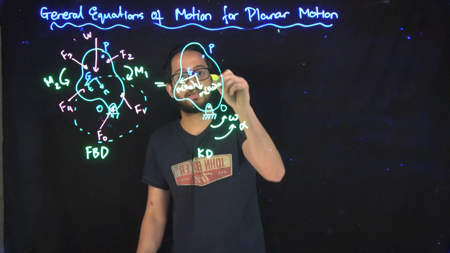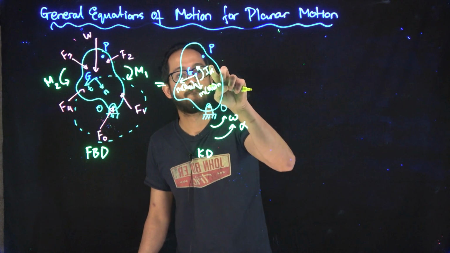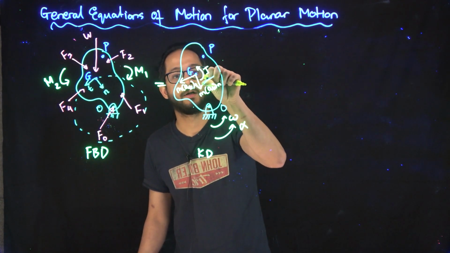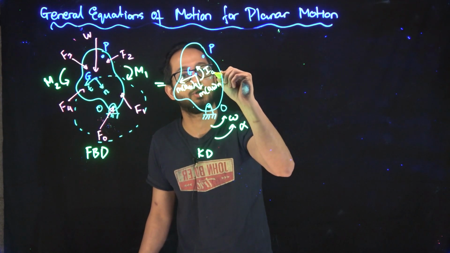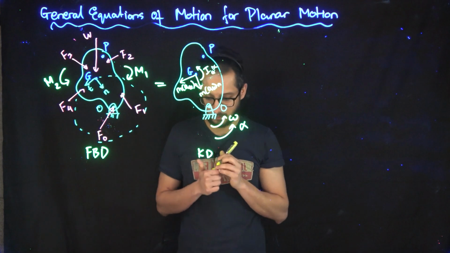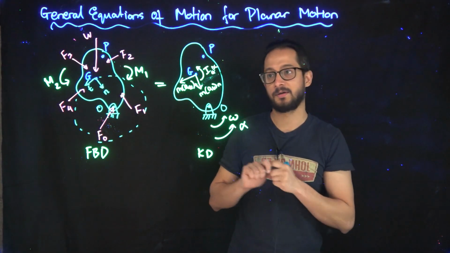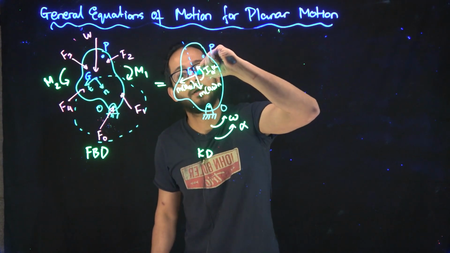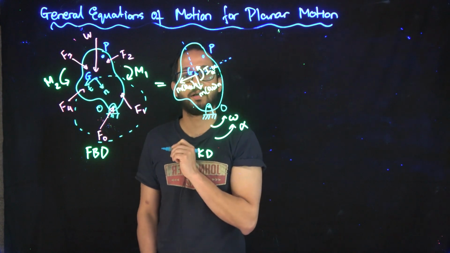And then I still have my I_G alpha term, which results from the rotation. So you have I_G alpha like that over there. And then just to complete it, because it's going to come into the picture anyway, draw the normal direction and your tangential direction.